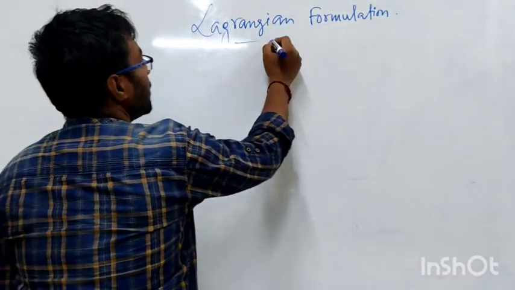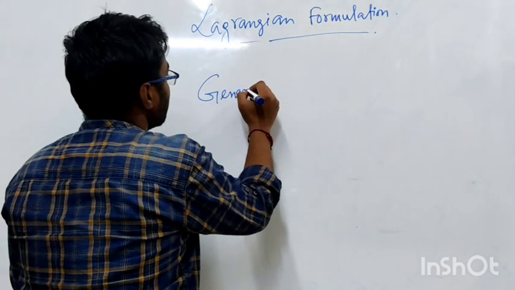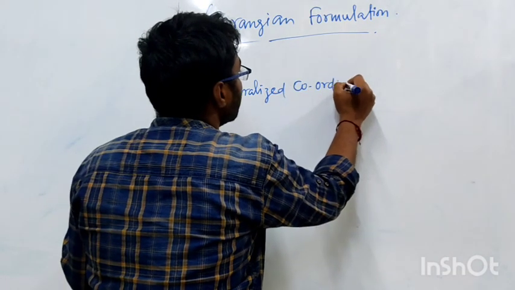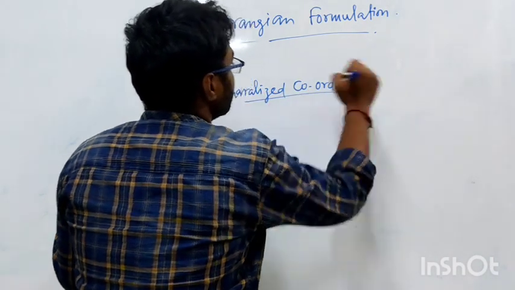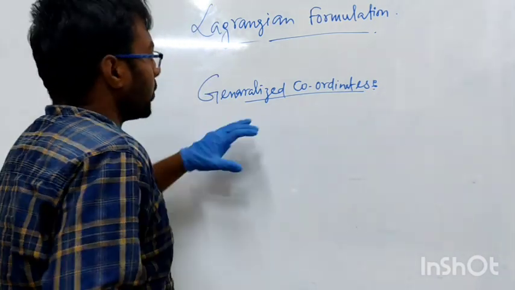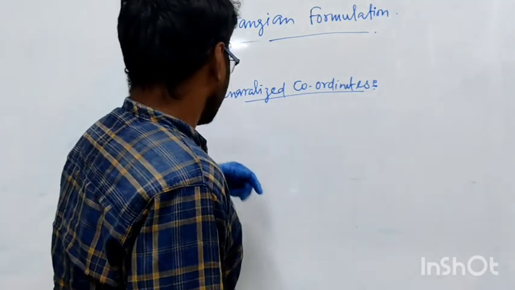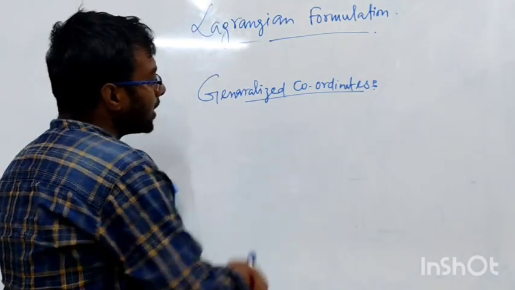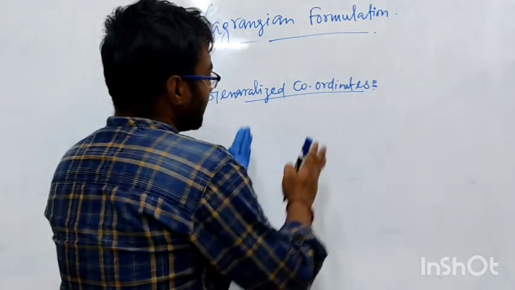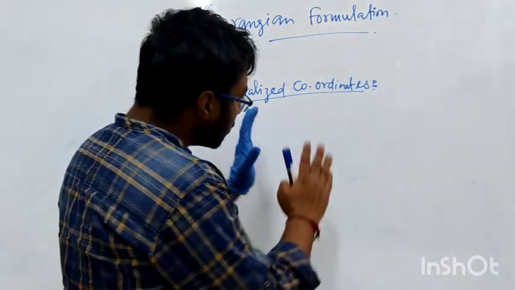Now we have to discuss the generalized coordinate. For a complex system, or if the number of particles is very large, we require solving a lot of equations, and these equations are made of a lot of coordinates.